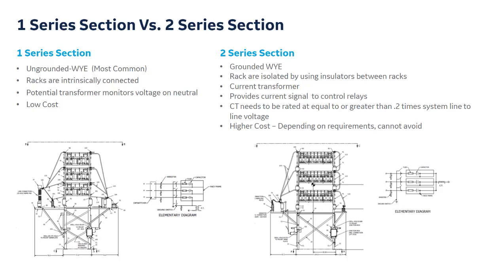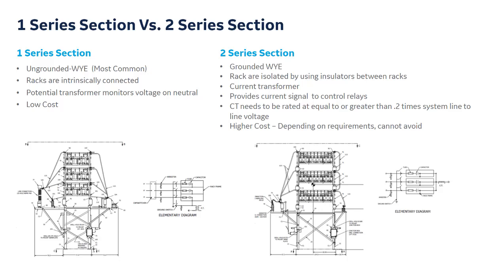Now, when required to go from one series section to two series sections, at that point the connection type will go to a grounded Y, a GY. The racks are going to be isolated by using insulators between the racks to provide the protection. Instead of a PT, we'll use a current transformer, and that current transformer is going to measure the current traveling on the neutral.